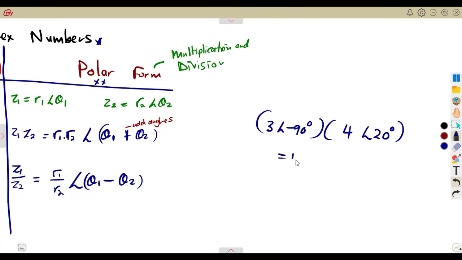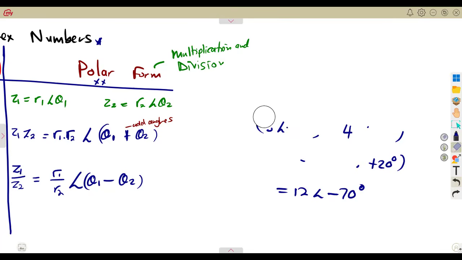So this is going to give us what? 12, angle of what? Theta 1 plus theta 2. You add the angles: minus 90 degrees plus 20 degrees. So this is going to give us 12 angle of minus 70 degrees. So it's easier to simplify.